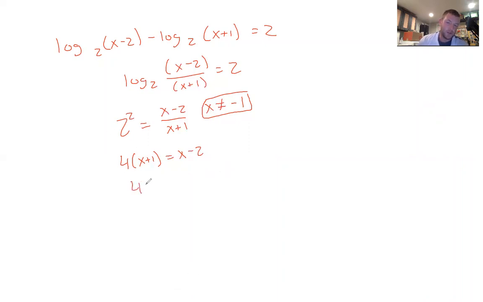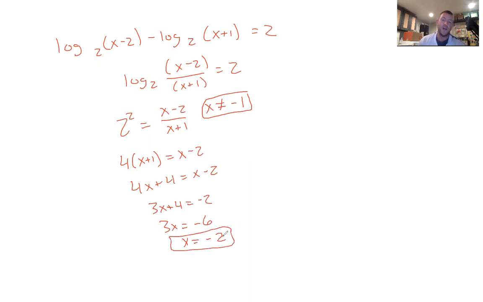Distribute, so 4x plus 4 is equal to x minus 2. And then solve it out. I'm going to subtract my x over, so that'd be 3x plus 4 is equal to negative 2. Subtract my 4 over, so 3x is equal to negative 6. Divide by 3, x equals negative 2.